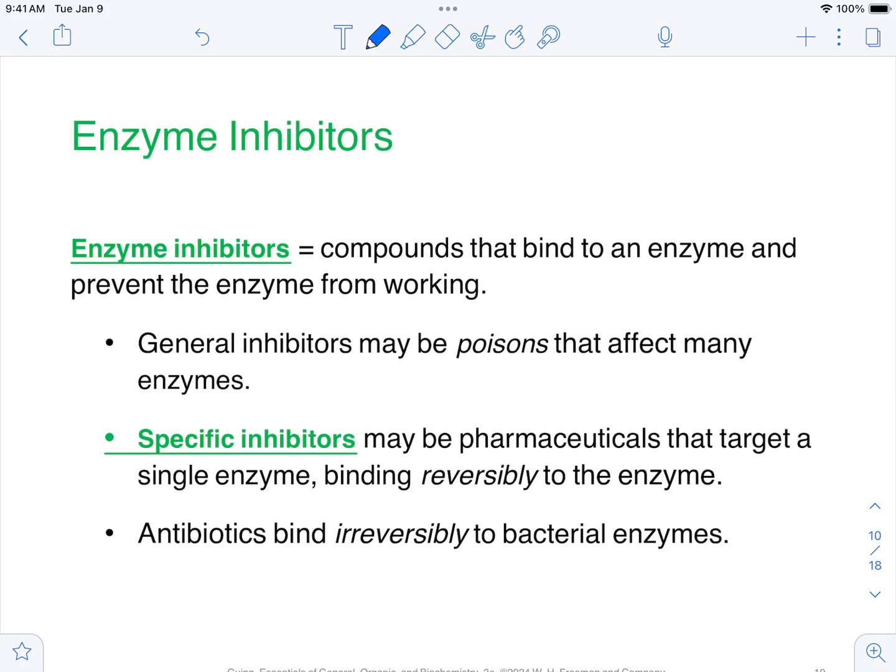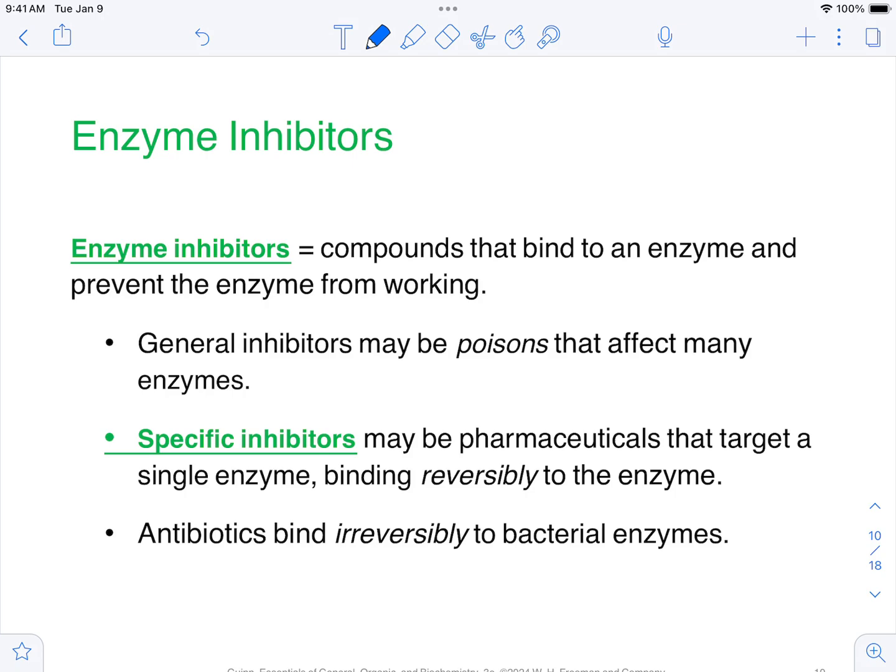Okay, enzyme inhibitors. These are compounds that bind to an enzyme and prevent it from working. So these are trying to ruin the enzyme's function. These may be poisons, for example. They may be specific inhibitors, which are pharmaceuticals that target a single enzyme, binding reversibly to the enzyme for a specific reason.